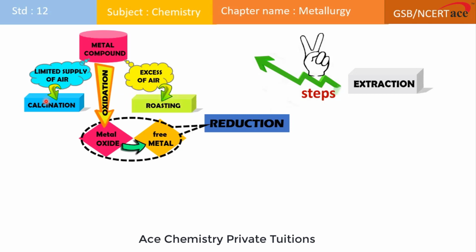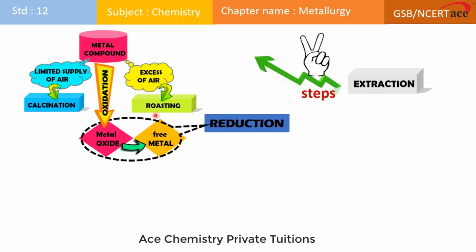Roasting. So calcination and roasting are the two major steps involved in extraction, where we convert metal compounds to metal oxides. Got this? Calcination is basically carried out for carbonate ore, and roasting is carried out for what?